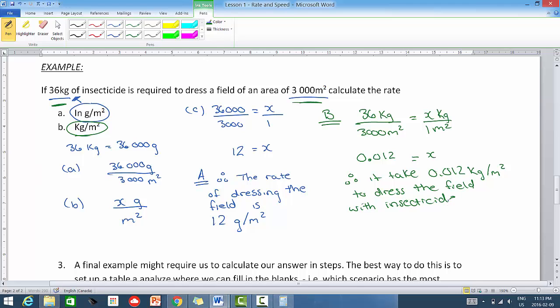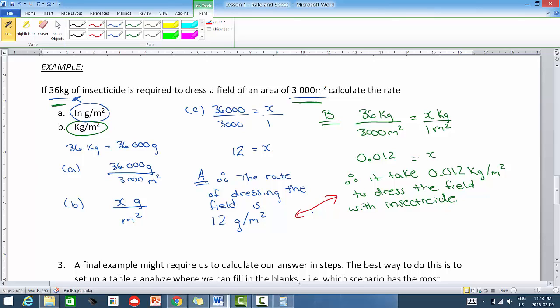Now the point that I want to bring up here is that these are two completely different looking numbers. Although they represent the same thing, they both represent the same rate. One is in kilograms per meter squared and one is in grams.